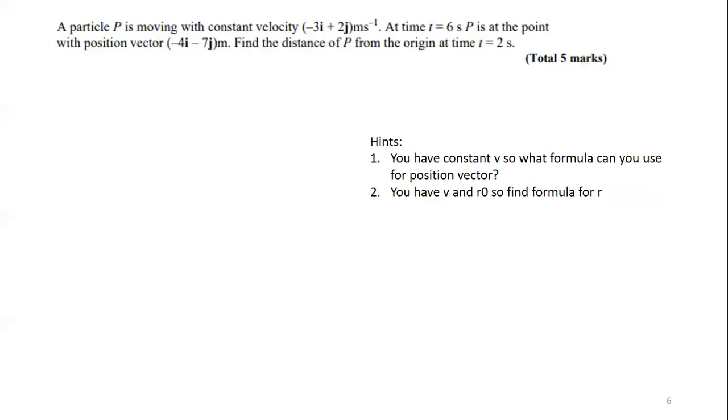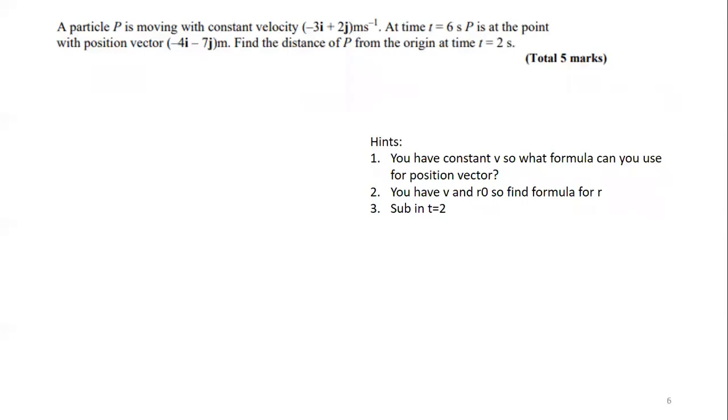So we have v, the velocity is given in the question. We have the initial position vector, so we can find the formula for r in terms of t. We can then sub in t is 2 to get the position vector for P.